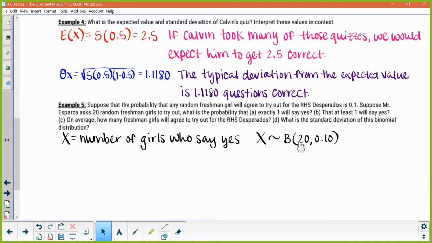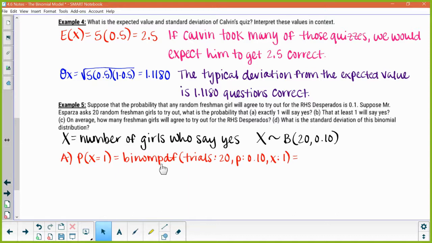And I just kind of describe my distribution here. Not necessary, but again, just so you can see that language. Probability that X is equal to 1. If it's equal to, I want to do binom PDF. So binom PDF, 20 trials, 0.10 probability of success. I want 1 success, and my calculator told me that was 0.2702.